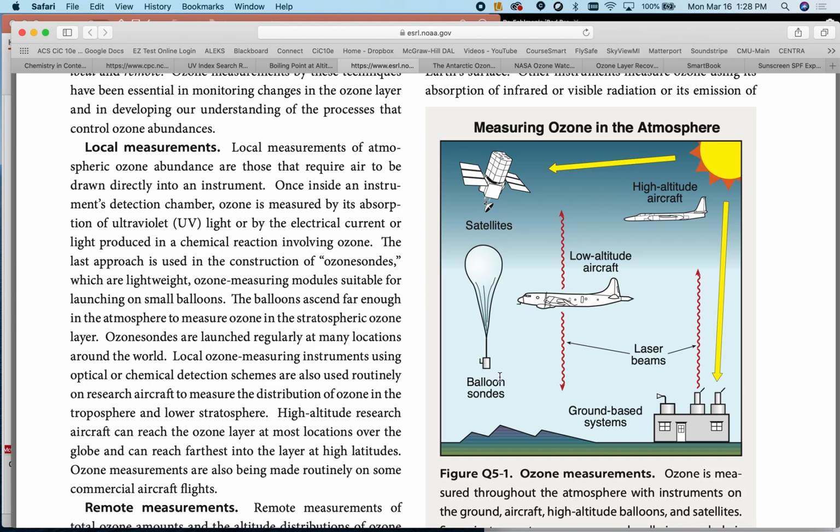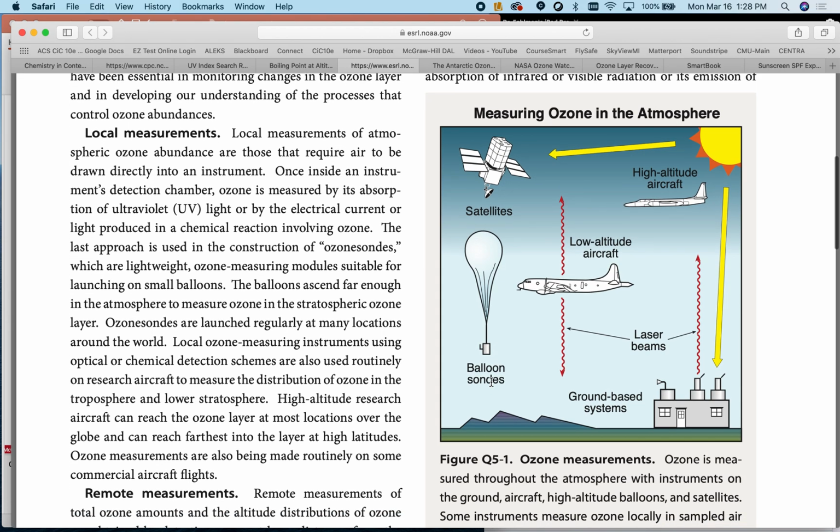This is useful to get information up through the stratosphere, seeing how it varies based on altitude. With ground-based systems, you can shoot laser beams up, and depending on deflection of the laser beams, you can get information about how thick the ozone layer is.